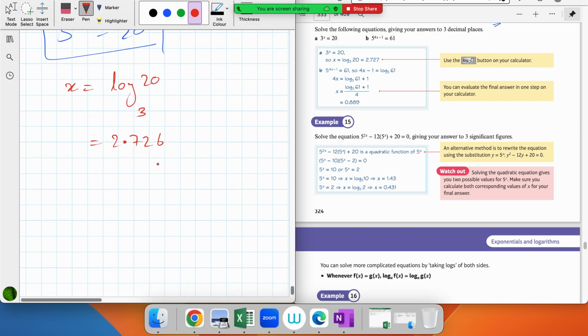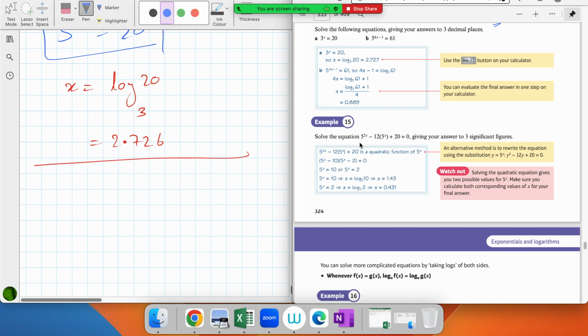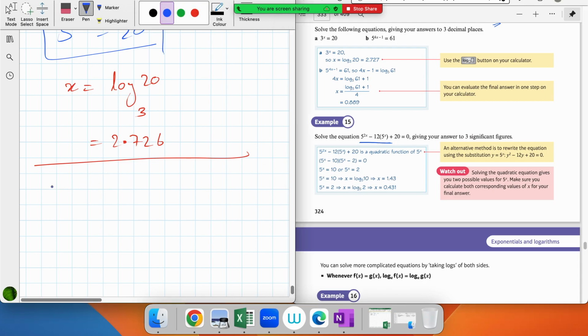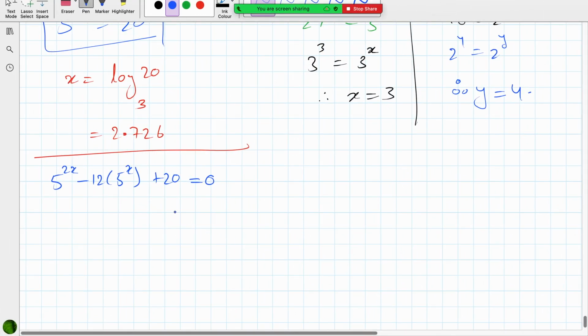Let's see another example. Example 15. 5 raised to the power 2x minus 12 into 5 raised to the power x plus 20 is equal to 0, and give your answer to 3 significant figures.